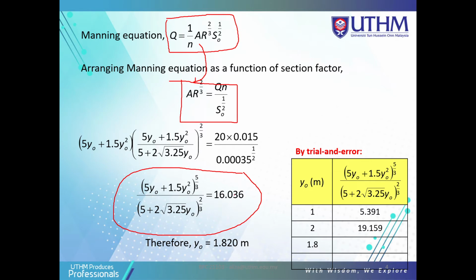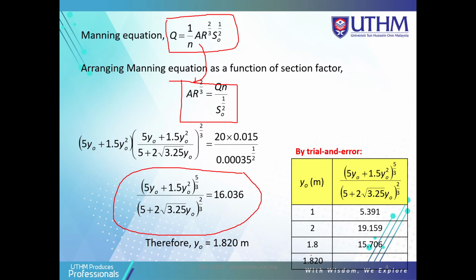Because this is bigger than this one, you go a bit less than 2, you get 1.8. Inserting y naught as 1.8, you get the value 15, but this one is 16. So you go a bit more than 1.8, so you put 1.82.